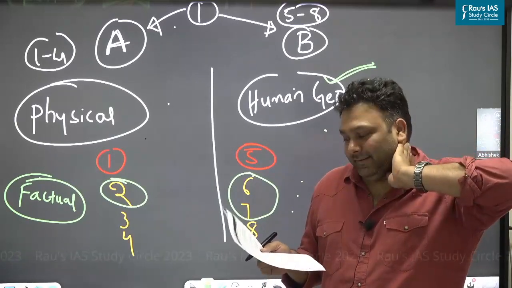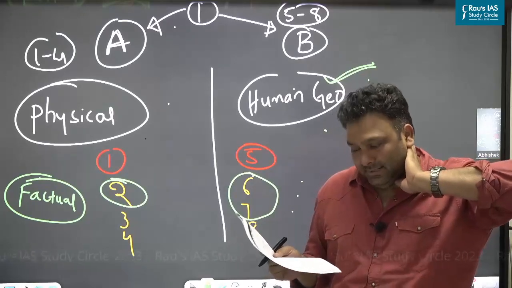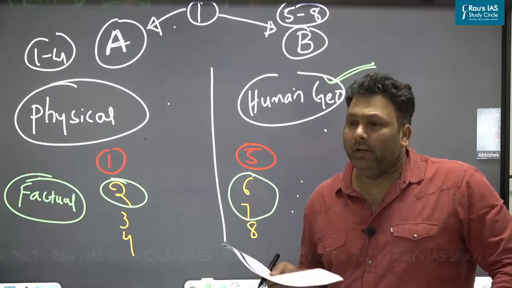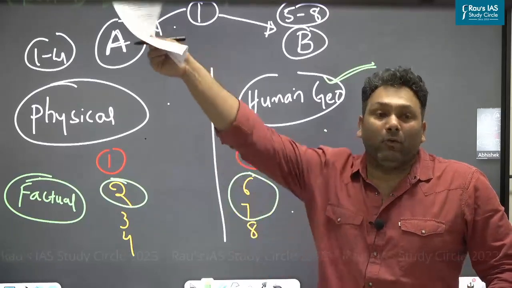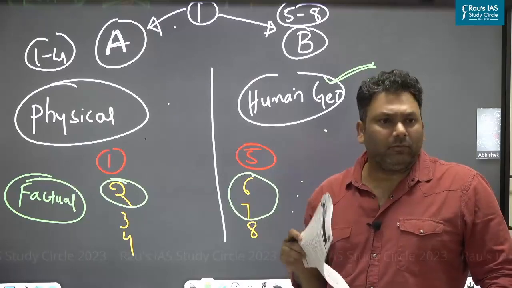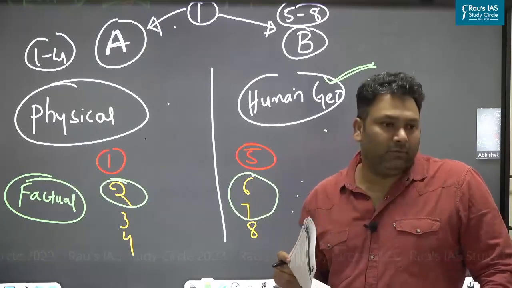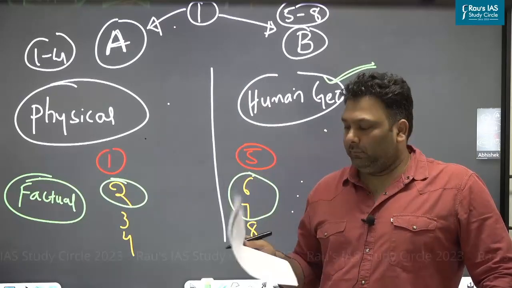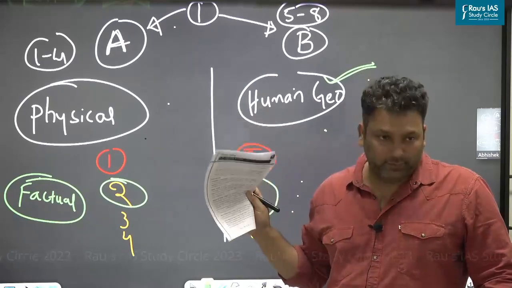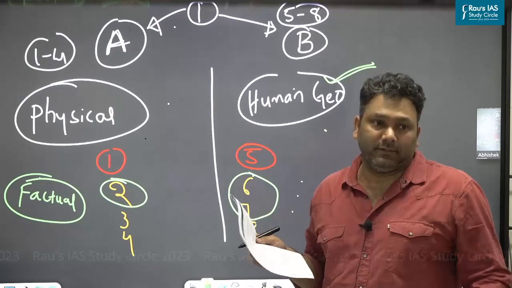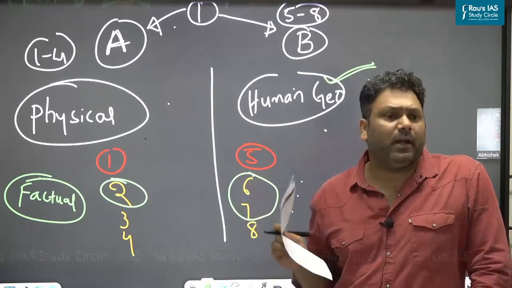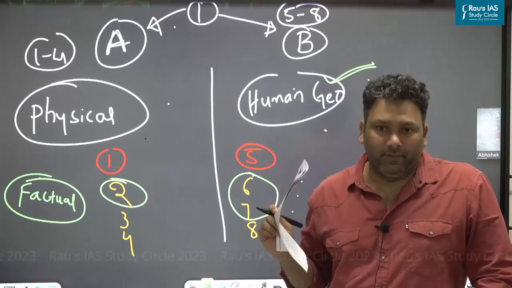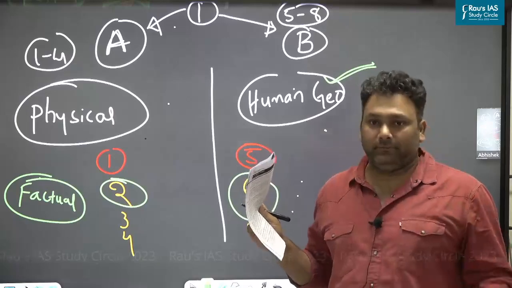Then you have energy crisis, limits to growth, world agriculture typology. So for example, you take this topic, limits to growth. To what extent we can grow. Here they're not talking about the economic growth or GDP growth. They're talking about the population growth. So until and unless you study the population geography, you can't study the other aspects here. That's why the first chapter, which I'll be picking up here, is population geography, which is the core of human geography.